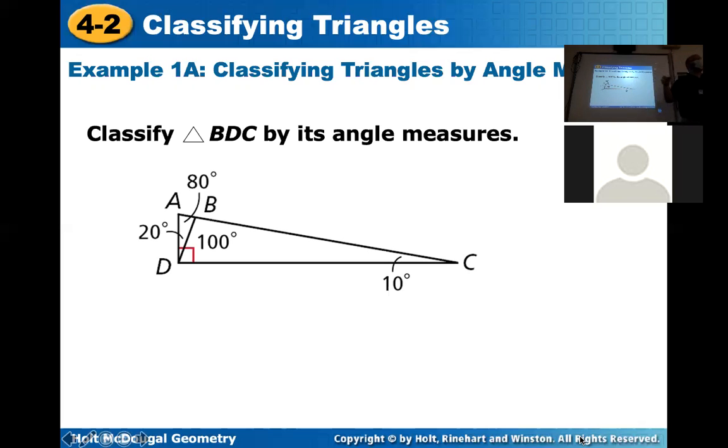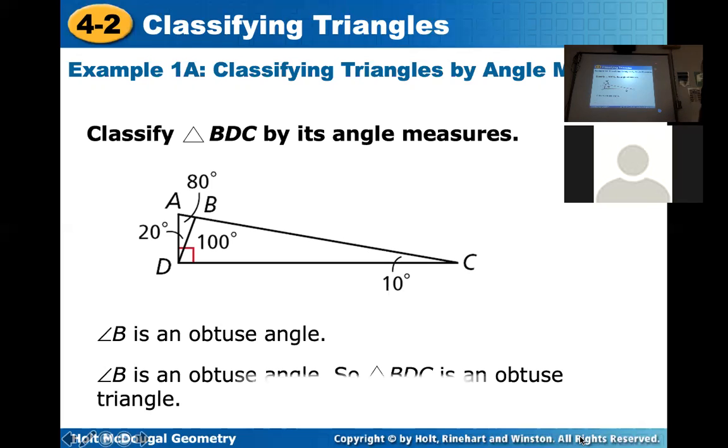So we have two acutes. And then that one is 100 degrees. So 100 degrees would be obtuse. So we have one obtuse, two acutes. That would be an obtuse triangle. Okay? Triangle BDC is obtuse. Make sense? Find the angle measures. Then you can decide whether it is obtuse, equiangular, acute, or right.